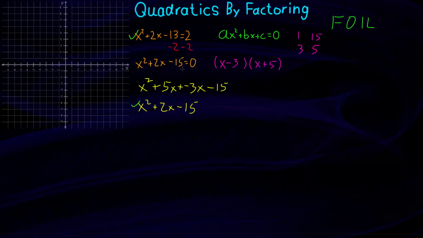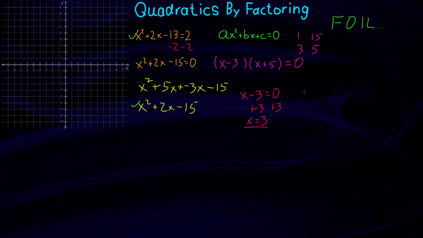So now it's time to solve for these roots, because we have this equals 0. Our first one is x minus 3 equals 0. So what we want to do is get rid of this negative 3, so we're going to add 3 to both sides, and that is going to leave us with x equals 3. This is one of our roots for this quadratic equation.